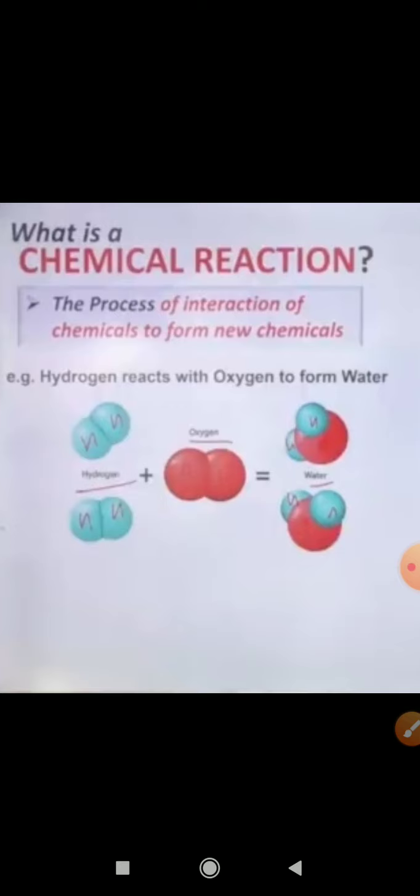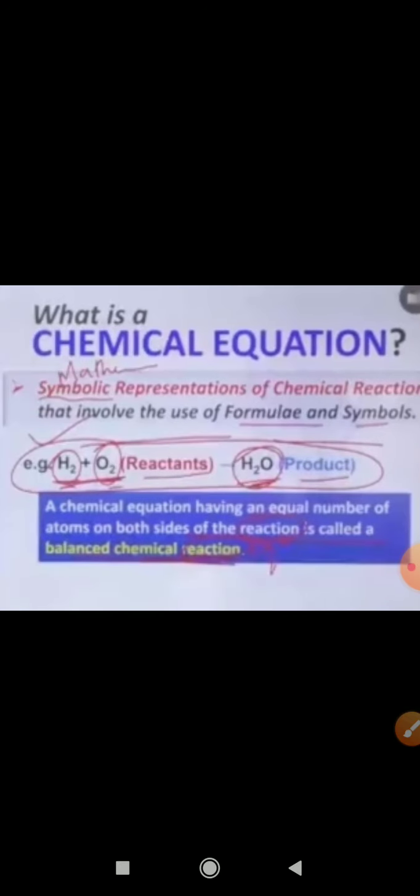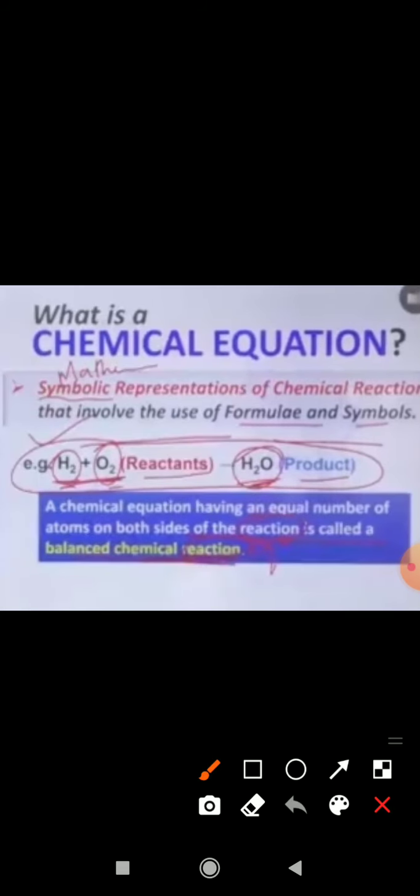Let's move ahead. So what is a chemical equation? A chemical equation is the symbolic or mathematical representation of a chemical reaction. In a chemical reaction we show it in words, but in an equation we show it as a symbolic, mathematical representation.